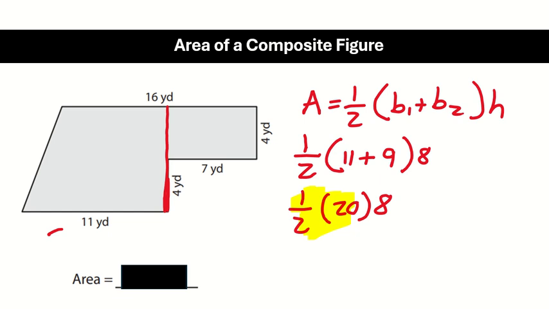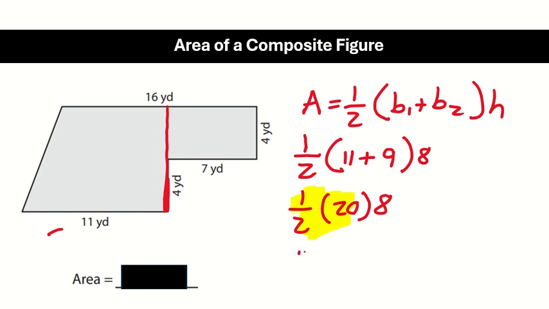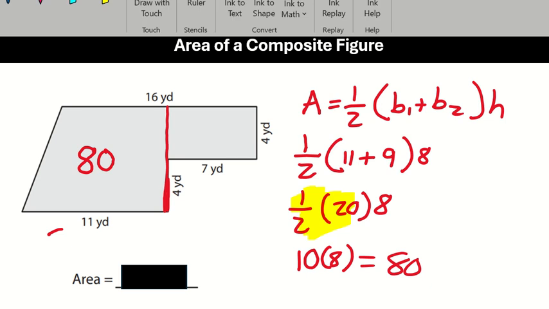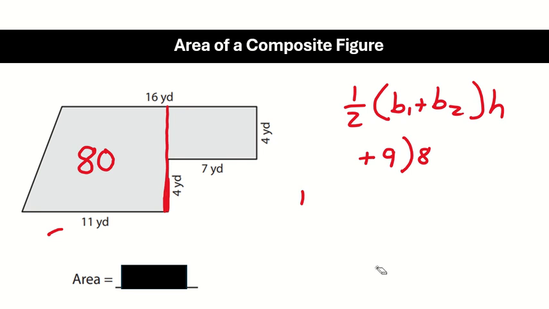Half of 20 is 10, or 20 divided by 2 is 10. So let's go ahead and plug that in. Now we have 10 times 8, which gives us 80, which means the area of this trapezoid is going to be 80 yards squared.